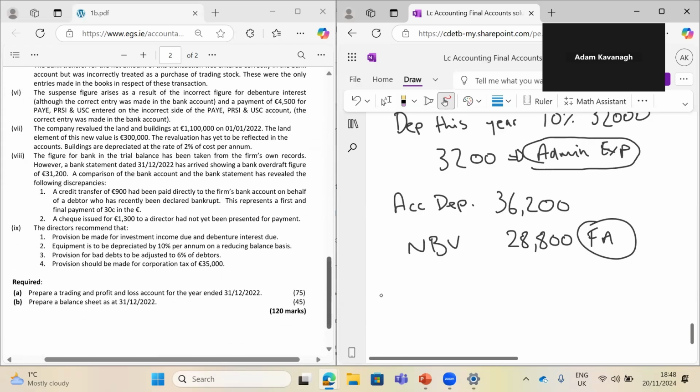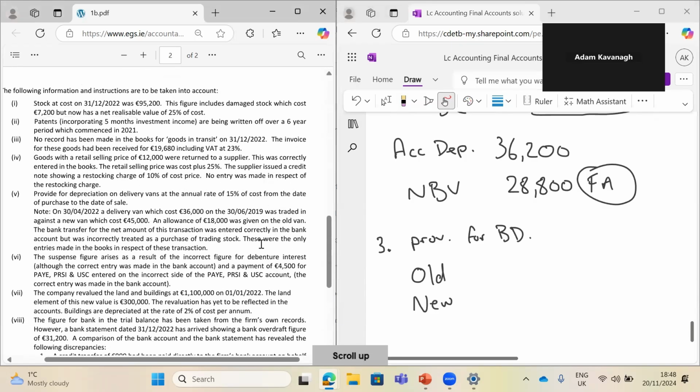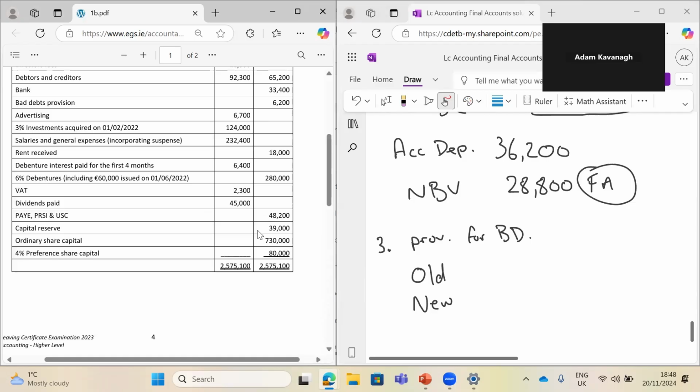Actually, second last part, adjustment number 3 of that is provision for bad debts. So it says to adjust the provision to 6% of debtors. So we have an old provision, have a new provision now. So the old provision is always given in the question, which is 6,200.